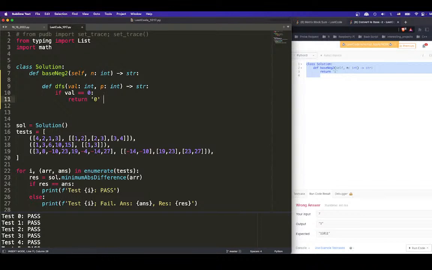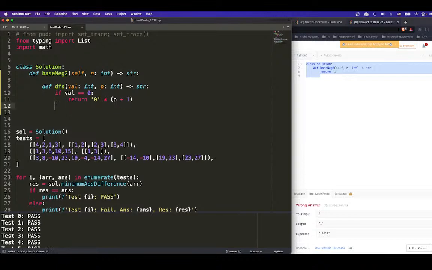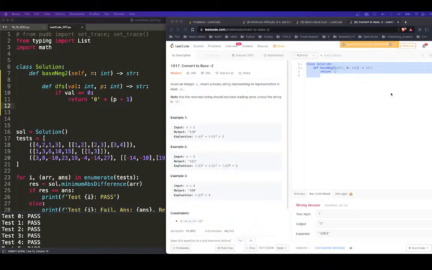So we say 0 times P plus 1, if value is 0. Now what if value is not 0? Well, if value is not 0, then for the current one we can either do, then it depends.